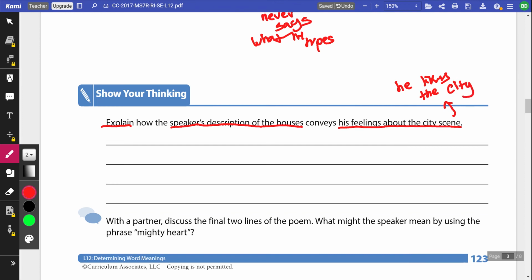So let's go ahead and talk our way through this, and we will discuss the answer in just a bit. We've got to explain how the speaker's description of the houses conveys his feelings about the city. So we already know he likes the city, so we've got to explain how his description of the houses being asleep lets us know how he feels.